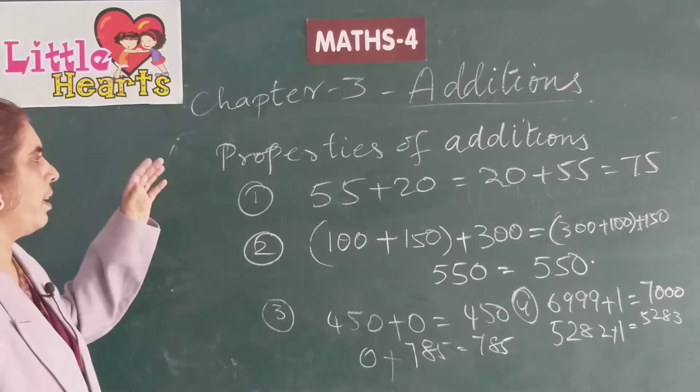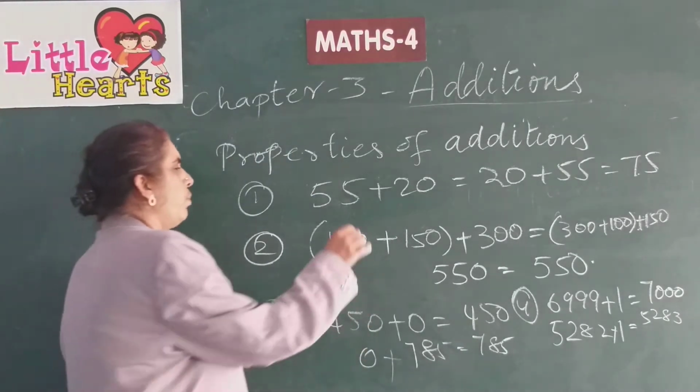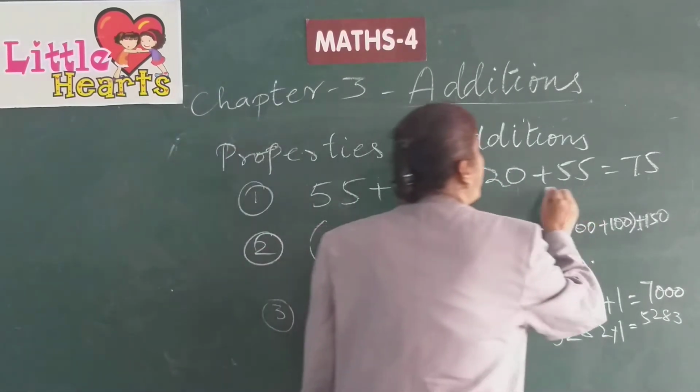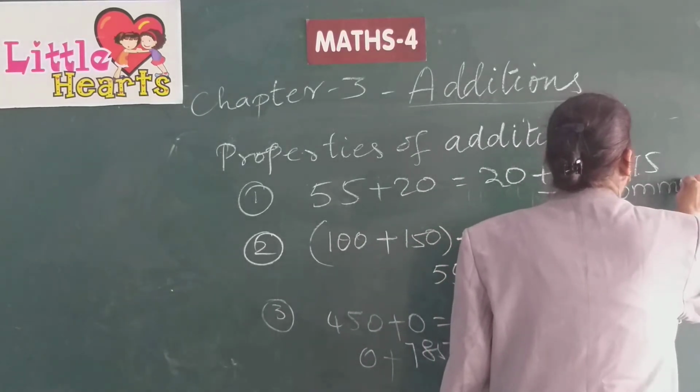So these are the properties of addition. If two numbers are added in any order, the answer is the same. This property is known as the commutative property.